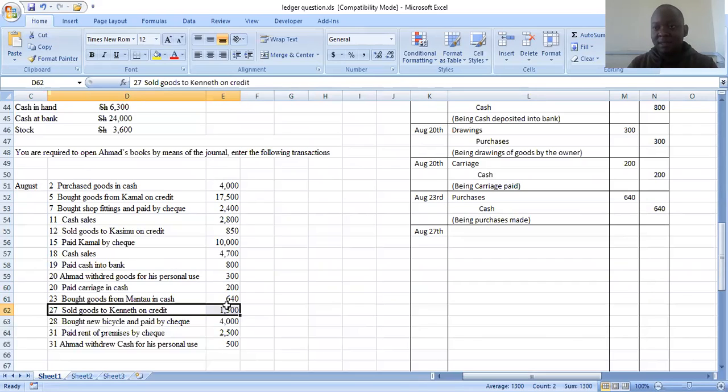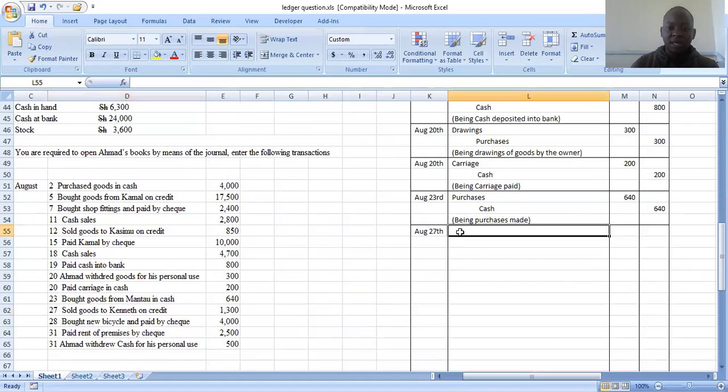Kenneth is a debtor, an asset, and this asset is increasing, so we debit Kenneth account. So debit Kenneth account, and then credit sales account. The amount is 1300.